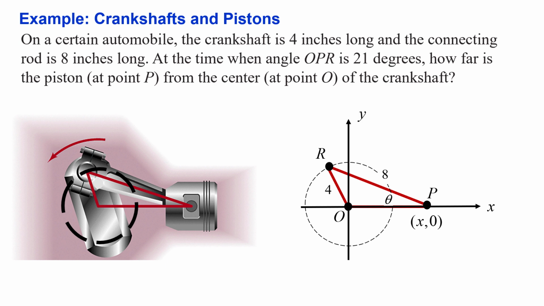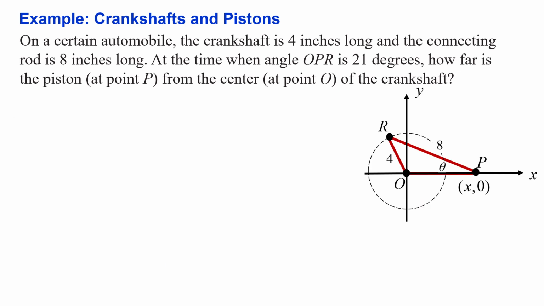We've also labeled an angle theta between the connecting rod and the x-axis, which is angle OPR. This problem asks us to find the distance the piston is from the center of the crankshaft when the crankshaft is 4 inches long, the connecting rod is 8 inches long, and angle OPR is 21 degrees.